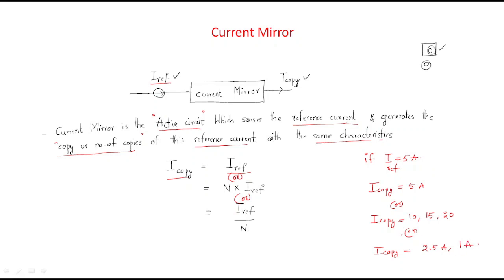So some reference currents will be generated. This is the importance of the current mirror.